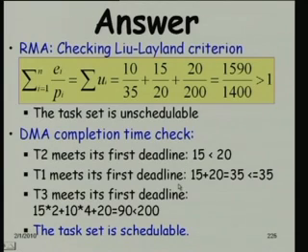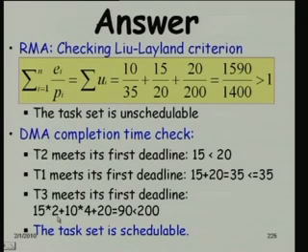For T1, which is the next priority, that is the second highest priority, 15 plus 20 is 35, it will just meet, and for T3 both T1 and T2 will have to consider their occurrences.